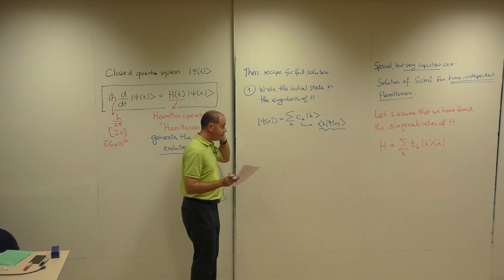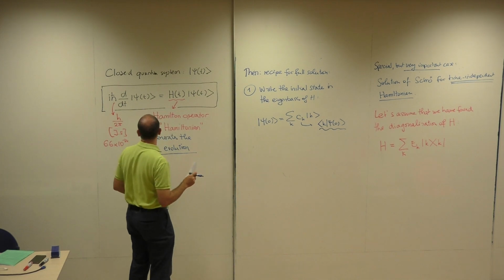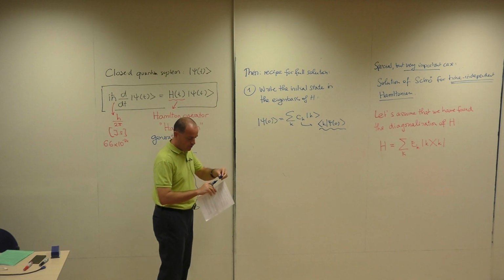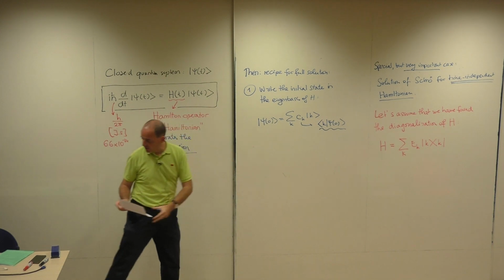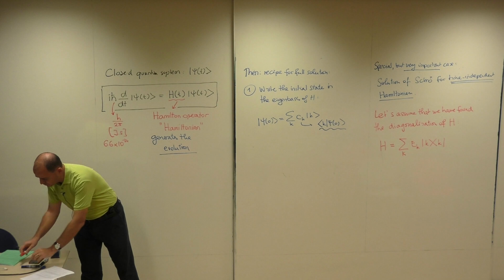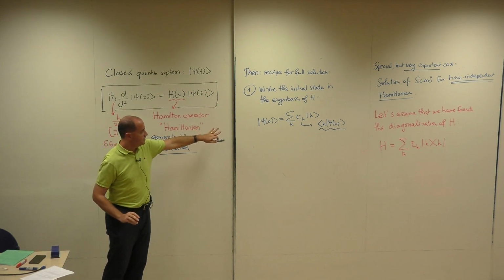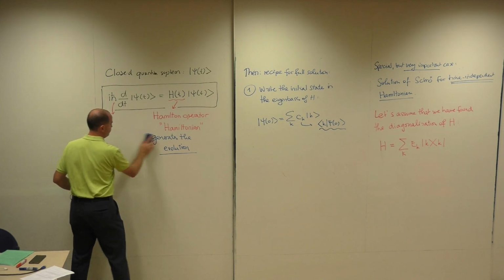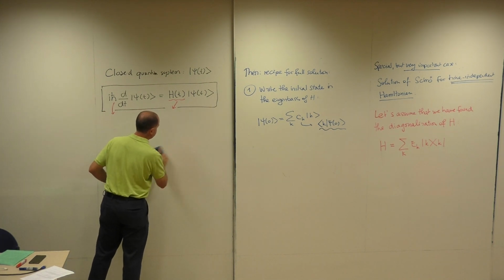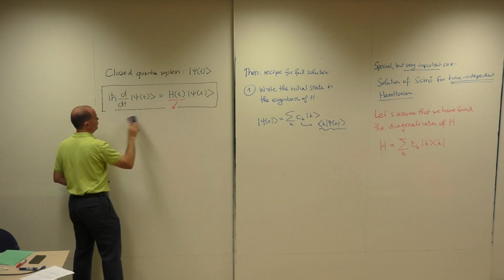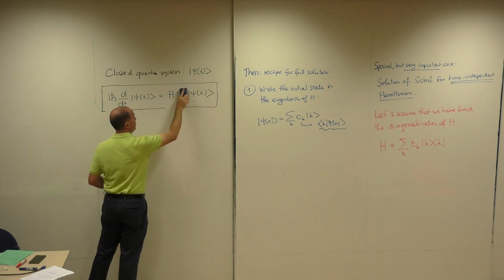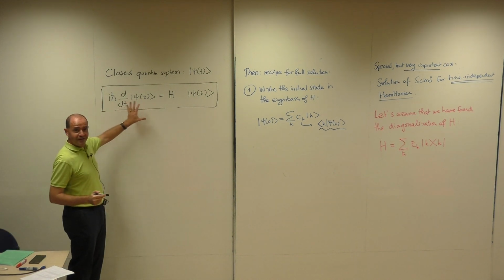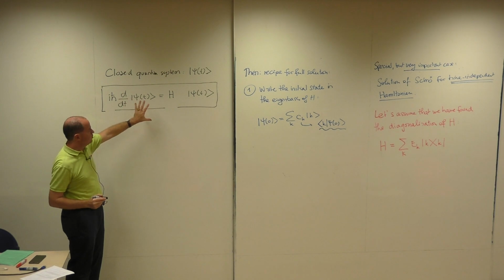I should have told you something before. I'm sorry for that. There is a kind of obvious observation that I should have made before, so that later I can give you the second part of the recipe. Let me do this observation here. If H now is not dependent on time, you may recognize what this formula looks like.